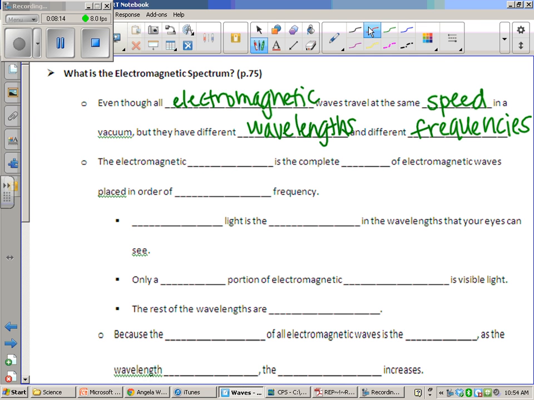Okay. Even though they all travel at the same speed, they have different wavelengths and different frequencies. Okay, the electromagnetic spectrum is a scale that's really showing you the complete range of electromagnetic waves placed in order of increasing frequency.